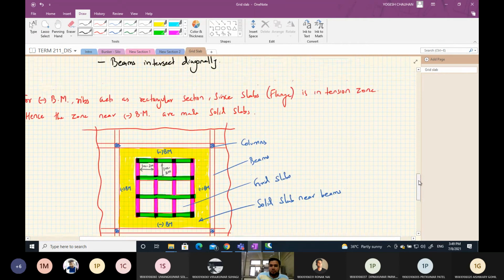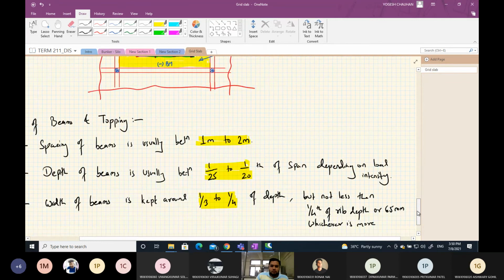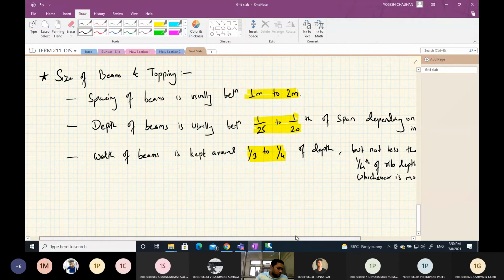This is the rib depth, and this is the width of the rib. Now this is about the beam.